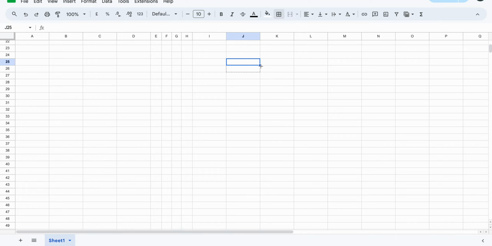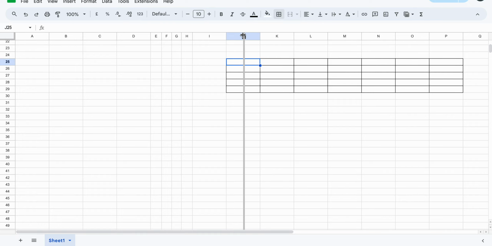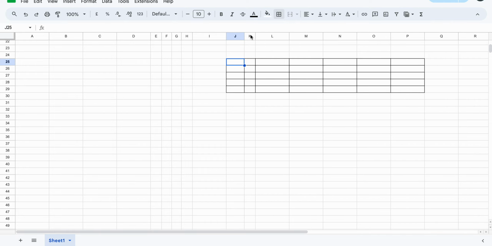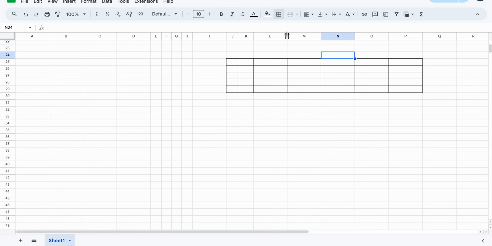So this has 1, 2, 3, 4, 5 rows and 1, 2, 3, 4, 5, 6, 7 columns. Let me reduce the cell size to make everything clearly understandable.